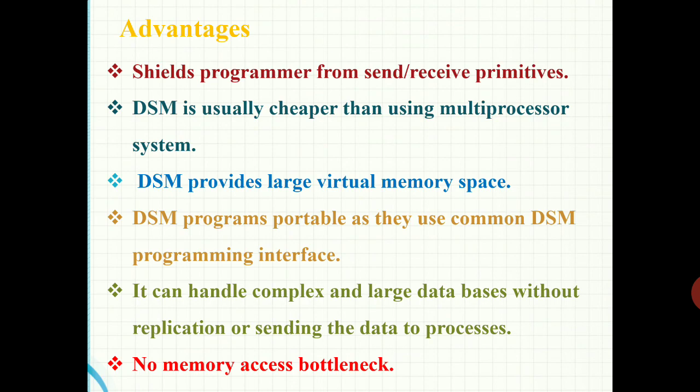Then the next point: distributed shared memory programs are portable as they use a common distributed shared memory programming interface. A program written for a shared memory multiprocessor can be run on distributed shared memory systems.